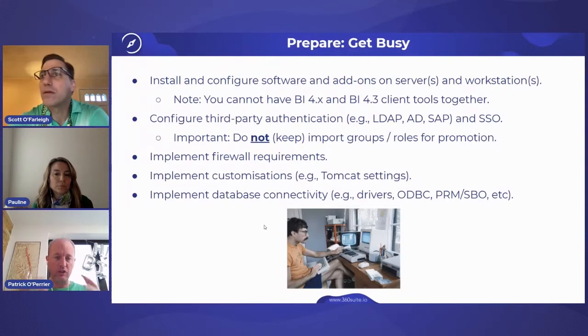So you need to look not just at BusinessObjects, but look what's around. And of course, database connectivity, not only recreating the ODBC connections or the Oracle configuration, but some of you may have configured some PRM and SBO files in the past. So again, everything that you have customized needs to be recreated in that new environment.